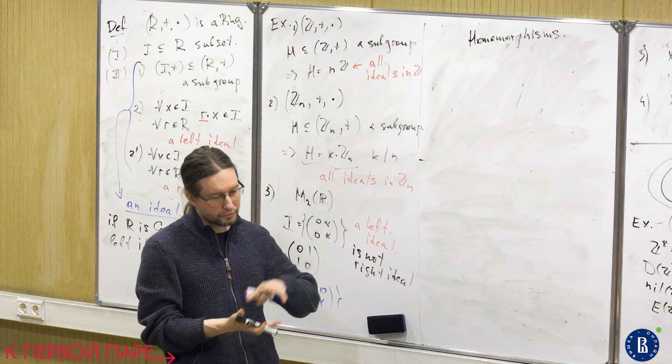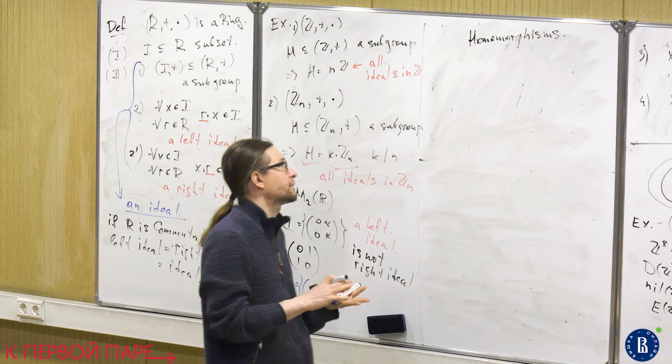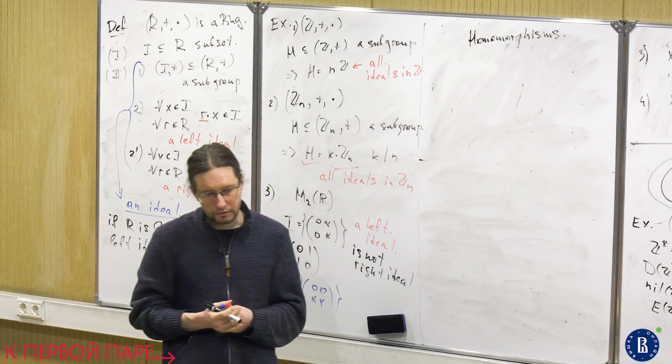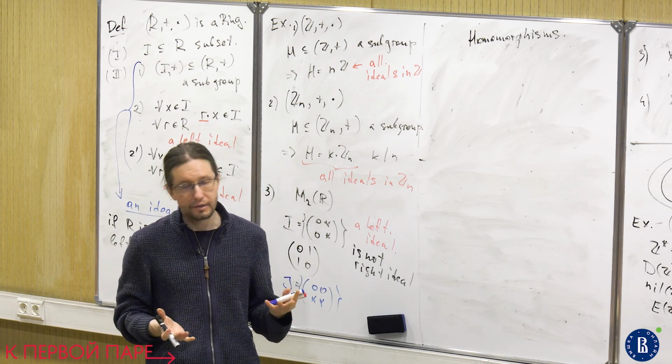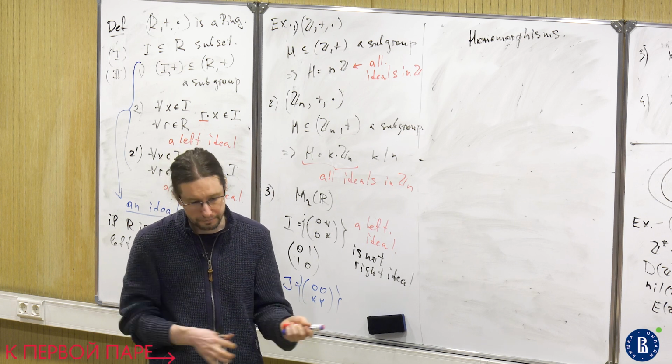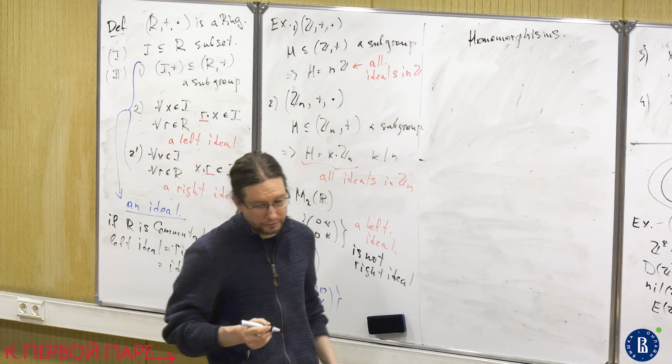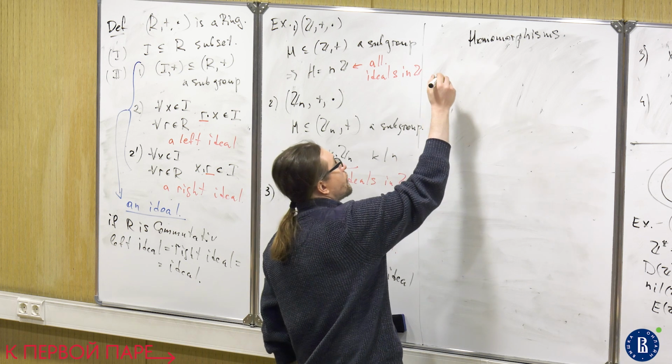If we want to compare different groups, now we want to compare different rings. And the most important thing, we want to say when two rings are the same. This will lead us to the notion of an isomorphism. But first, we need to define a homomorphism. So what is a homomorphism?